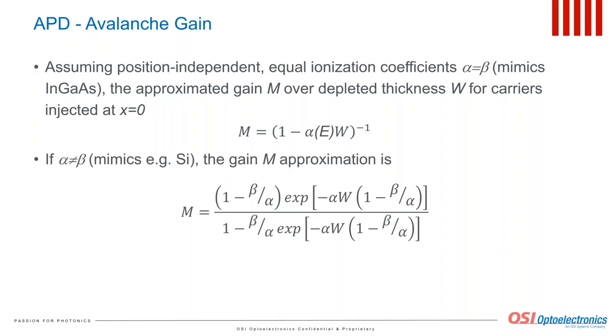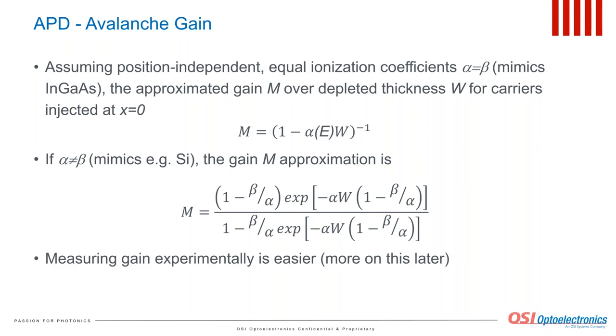If the ionization coefficients cannot be considered as equal, the avalanche gain over the depleted thickness gets a more complicated expression. Fortunately, it is very easy to measure the avalanche gain experimentally, and we will discuss it later in this presentation.